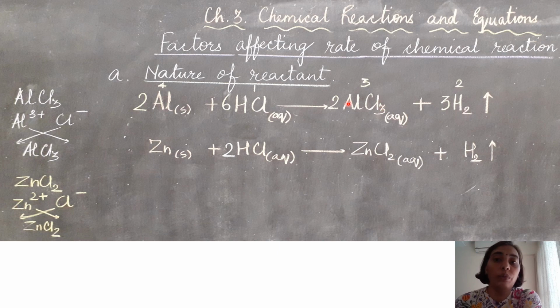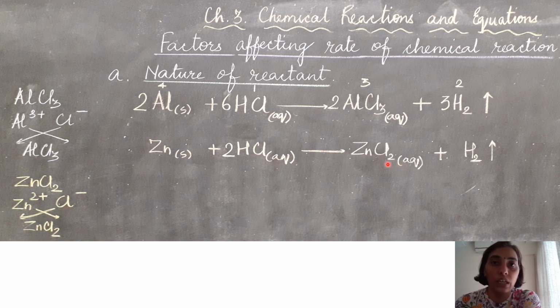Now how this aluminium chloride has been formed, I have explained it here on one side using the balancing and then crossing it. Second example that we have taken is zinc. Zinc metal is also added to hydrochloric acid, that is aqueous dilute hydrochloric acid, and the product is zinc chloride.